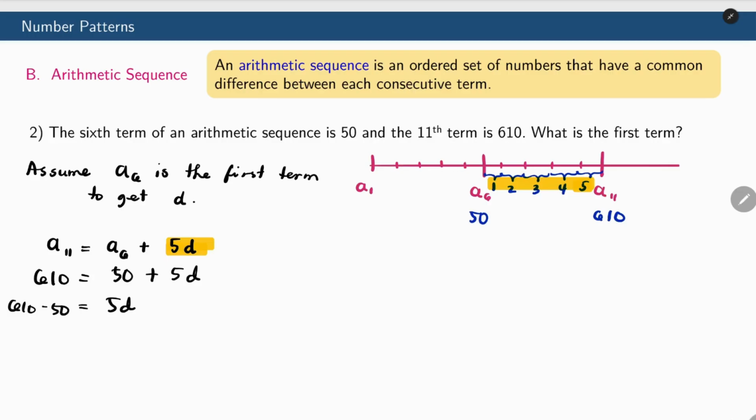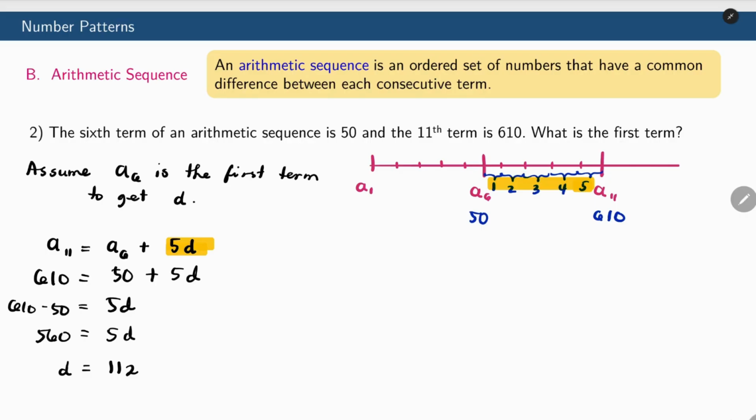So, this one is equal to 560 equals 5D. Okay, divide both sides of the equation by 5. D is equal to 112. Okay, that's the common difference.